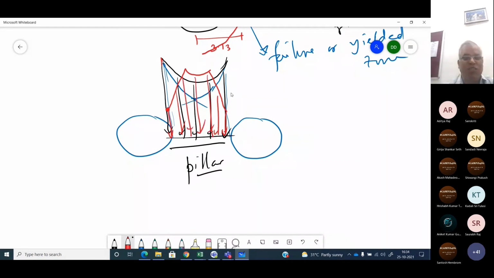Okay, gradually it will go. If it further fails, then it will come down further and gradually it will be something like this. Okay, this is the core which is holding this pillar. The rest has all failed. So this is how stress varies on a pillar.